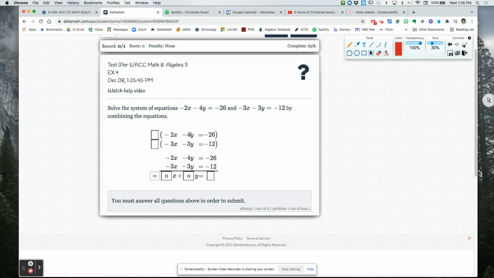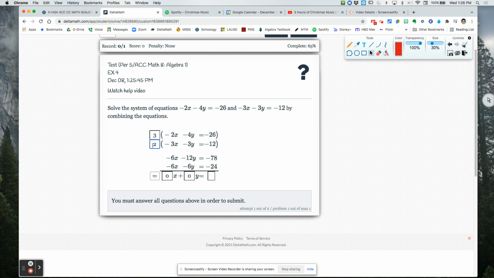What's the least common multiple between 4 and 3? 12. So again, we would multiply by 3 and 4. So do we want to make 6's or do we want to make 12's is the question. 6? Okay. So that means this is 3 and this is 2, but one of them has to be negative.